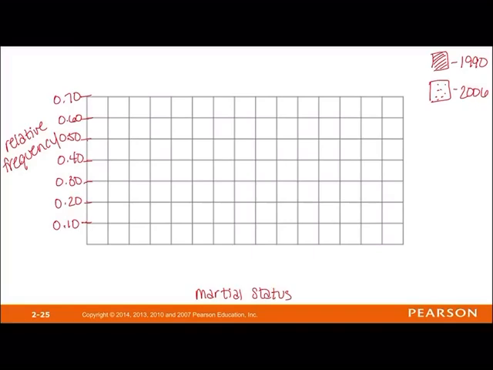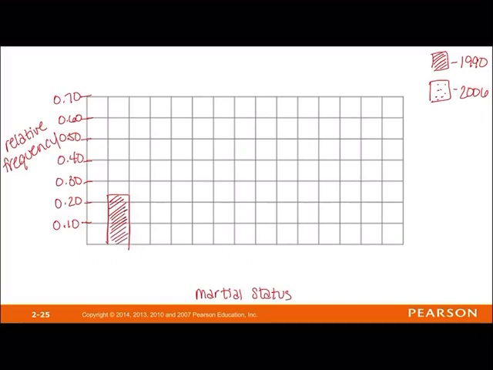Okay, so we're going to talk about never married first, at the same time, 1990 and 2006. Never married in 1990 was approximately 22 cents. I'm going to make that worth 1. And 1990 is the one that I'm going to color in with the lines here. So there's my bar for 1990.